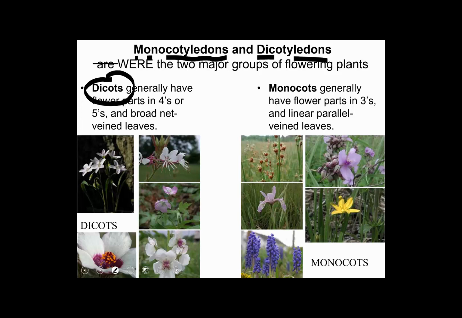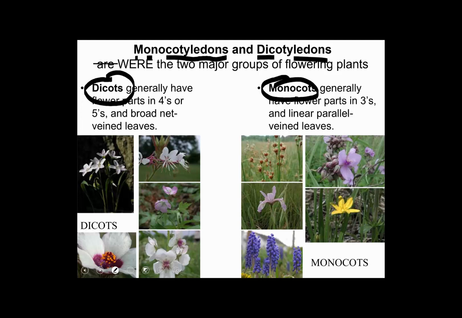Almost all of our plants that are woody, like maples and oaks and tulip trees, not tulips, are dicots.